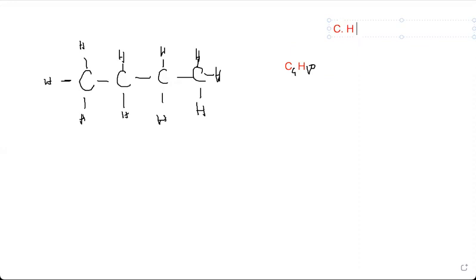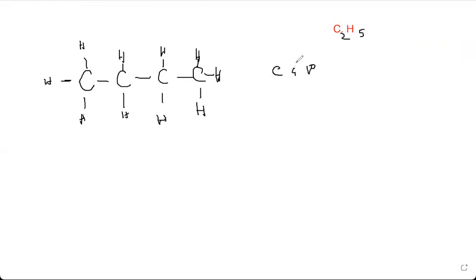I'm going to do something like the empirical formula. So 4 is to 10. You can use the table of 2. So 2 multiplied by 2 is 4, and 2 multiplied by 5 will give you 10. So C2H5. This is also butane, but this is not the actual formula of butane.